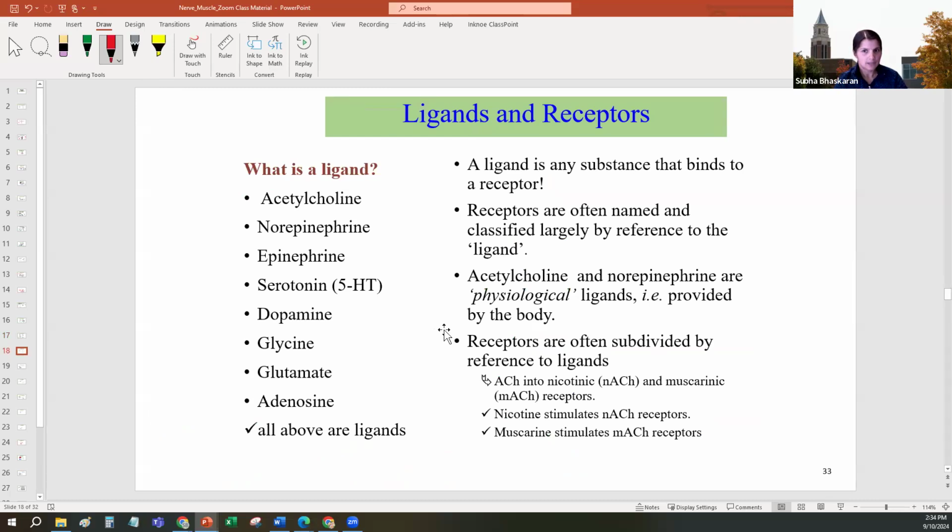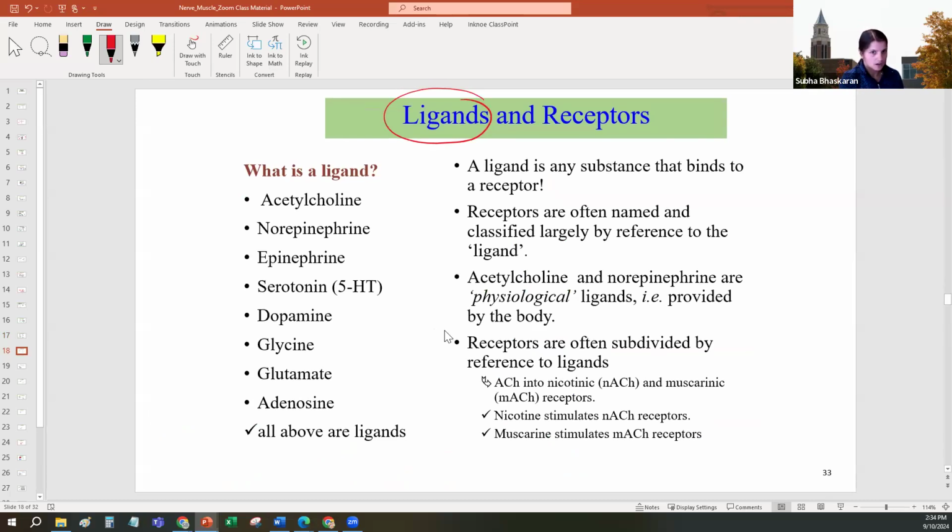So ligands and receptors. What could be a ligand? So here, this is an axon ending terminal, and this is the dendrites of another neuron. And these are the chemicals that are released, and these are the receptors for these. What are these called, in general?